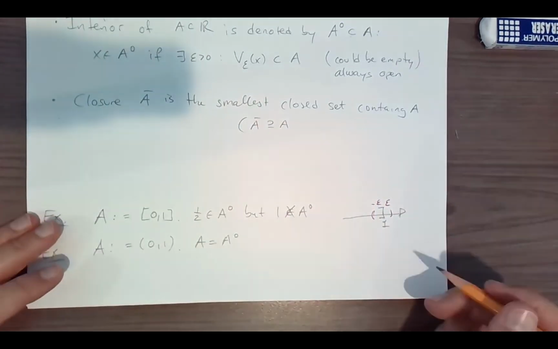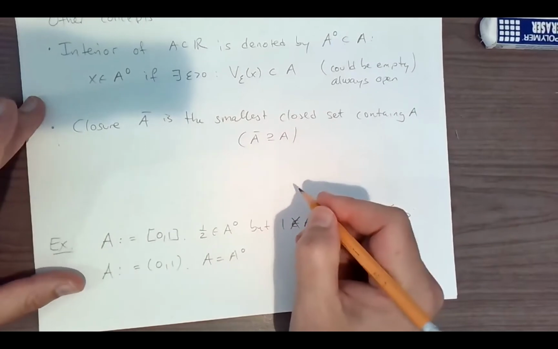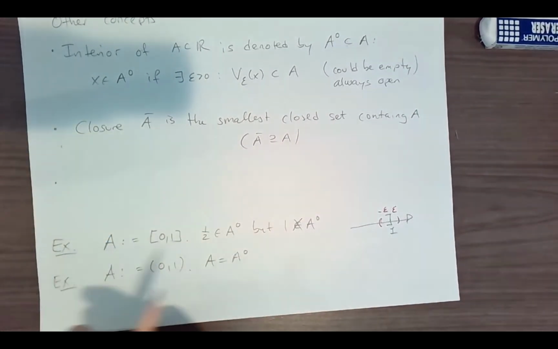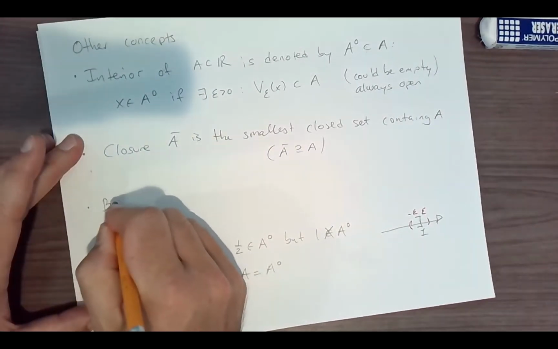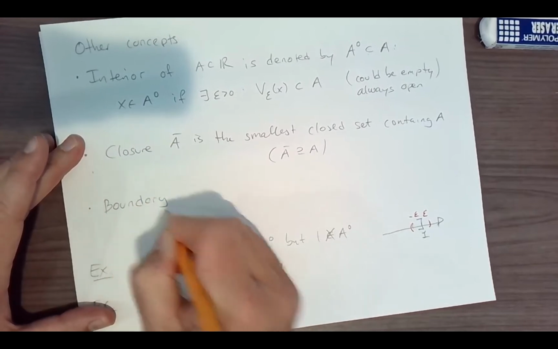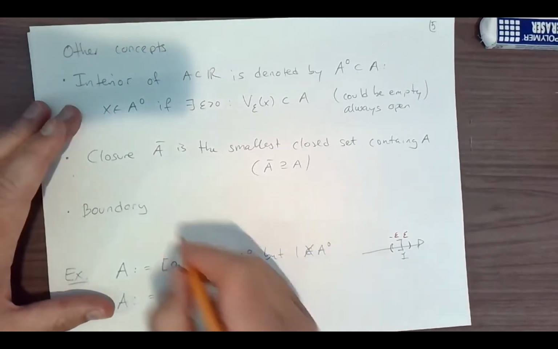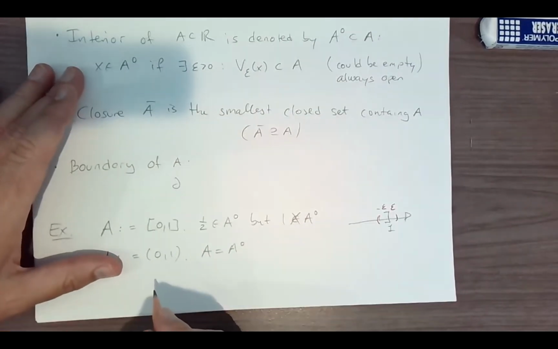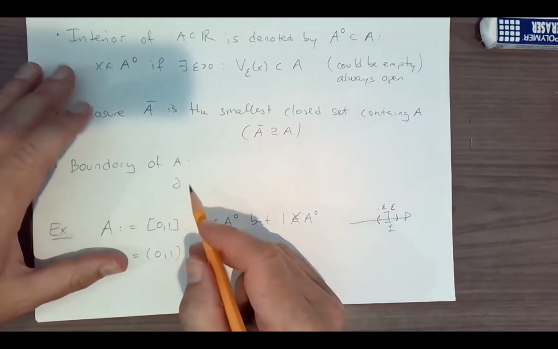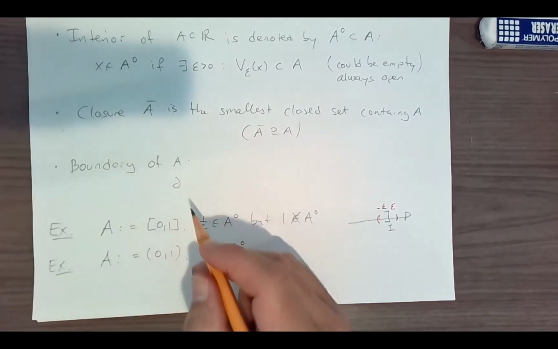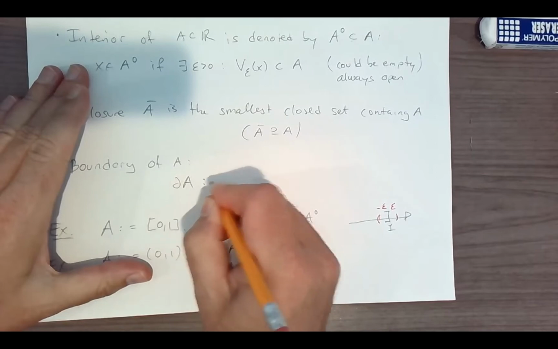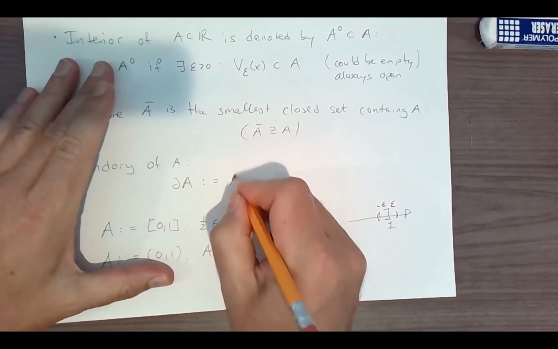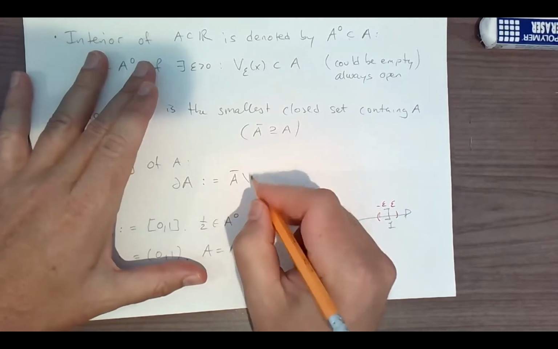So we have the interior, the closure, and then the difference, which is called the boundary. The boundary of A is denoted by this symbol. You might recognize it from partial derivatives. It's the same symbol. The boundary of A is defined to be the closure less the interior.